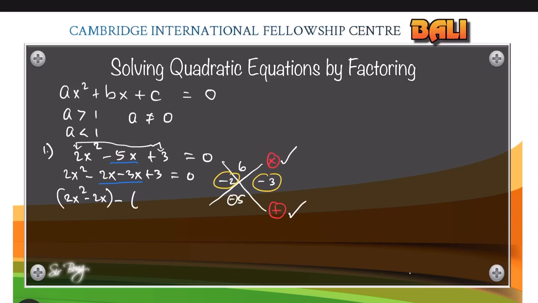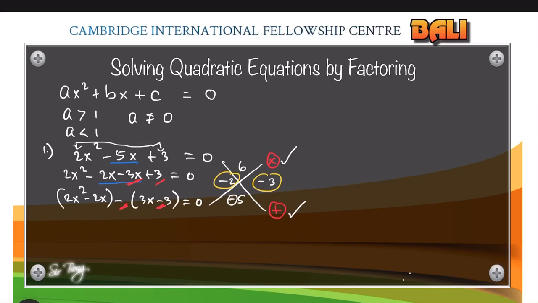If this is minus, the signs inside will change. This is 3x minus 3 is equal to 0. Take note of that. Of course, because when you remove the bracket, negative times 3x will give you negative 3x, and then negative 1 times negative 3 will give you positive 3. So take note of the change of sign.